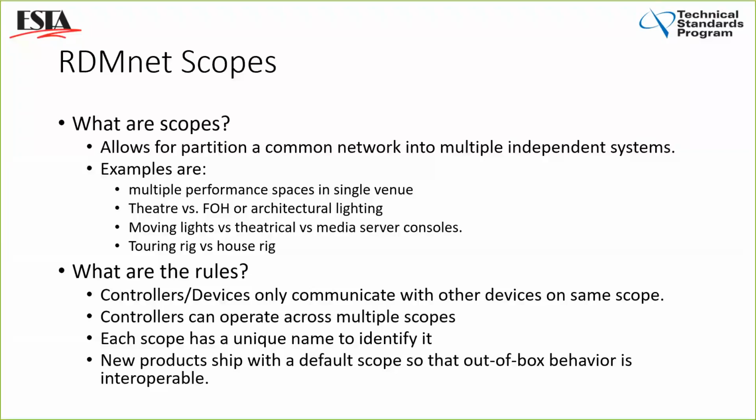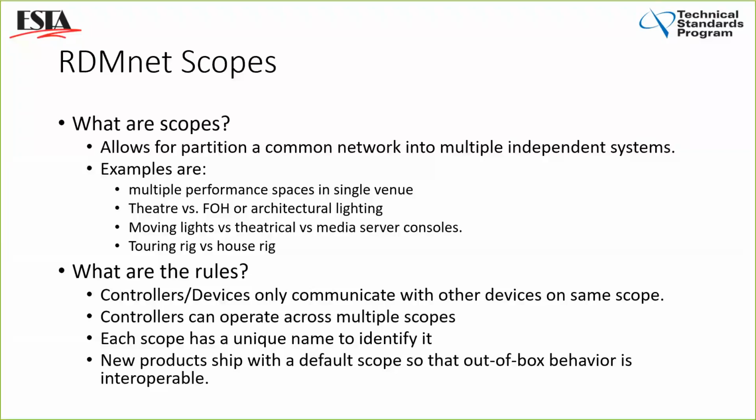So what are the rules of RDMnet scopes? The main thing, as you can tell from some of the discussion, is that controllers and devices are only allowed to communicate with other devices that are in the same scope. So communication does not cross between scope boundaries. The controllers can operate across multiple scopes, though.